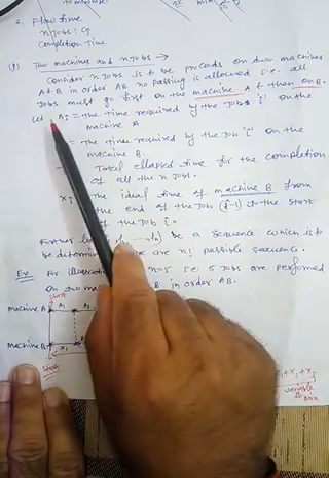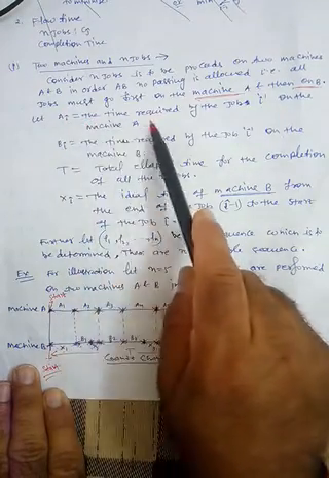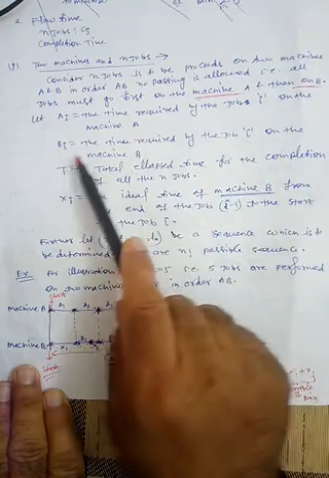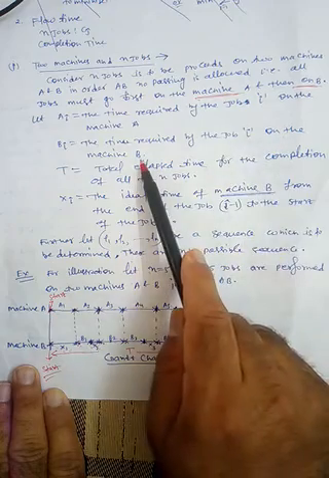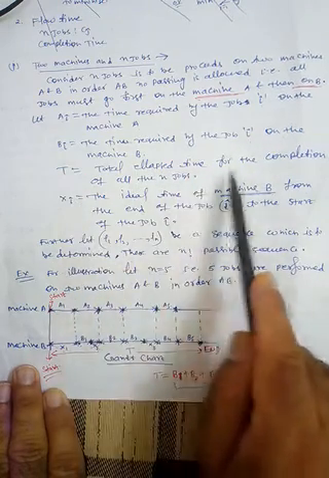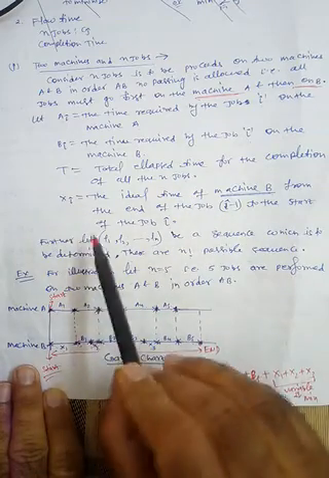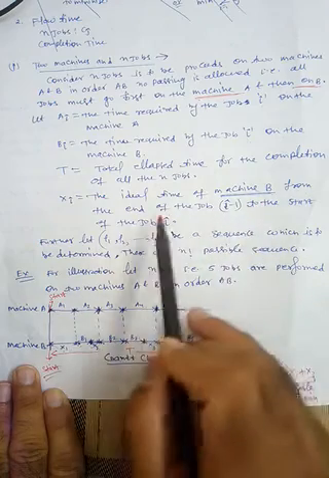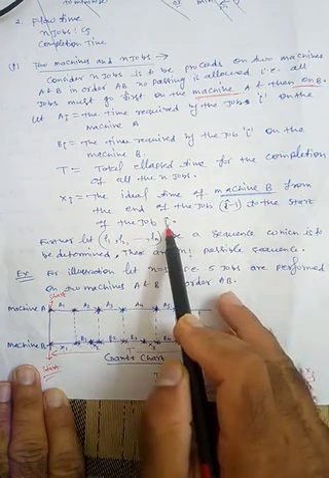Here the notations are: capital Ai represents the total time required by job i on machine A. Bi is the time required by job i on machine B. Capital T is the total elapsed time for the completion of all the n jobs, and capital Xi is the idle time of machine B from the end of the i minus 1th job to the start of the ith job.